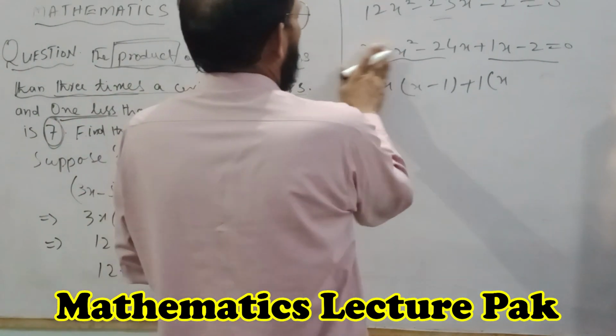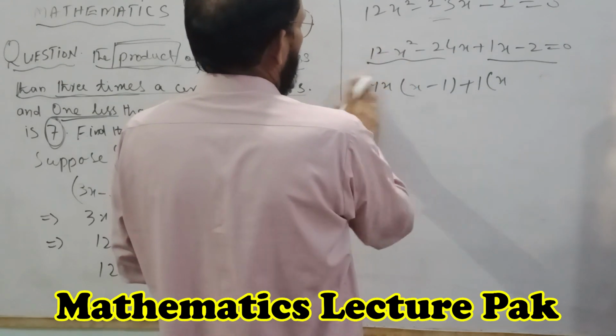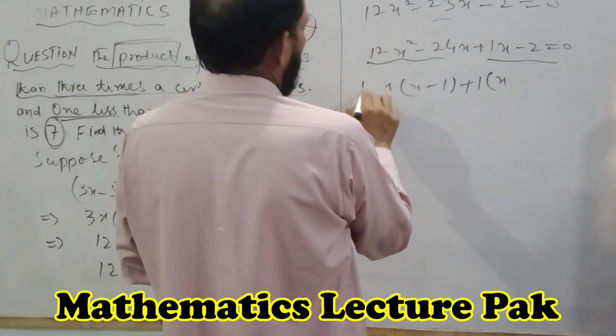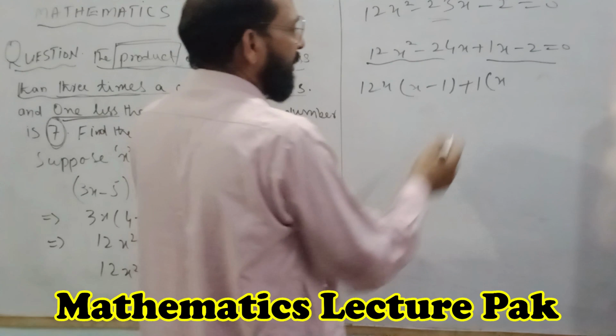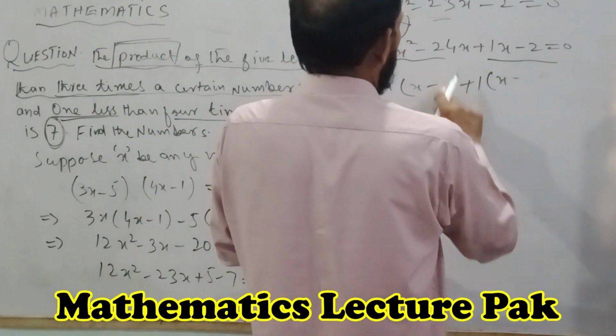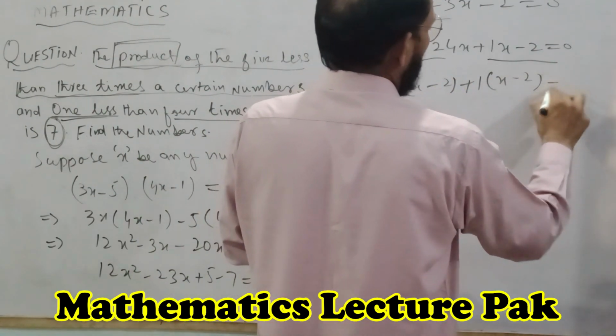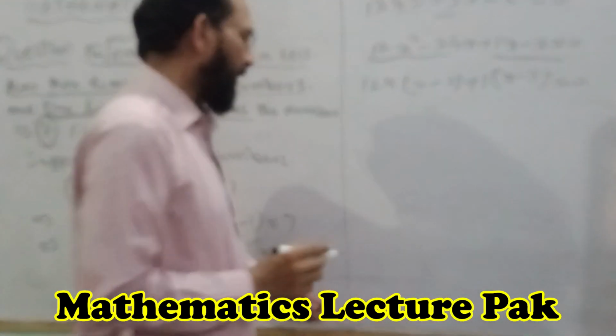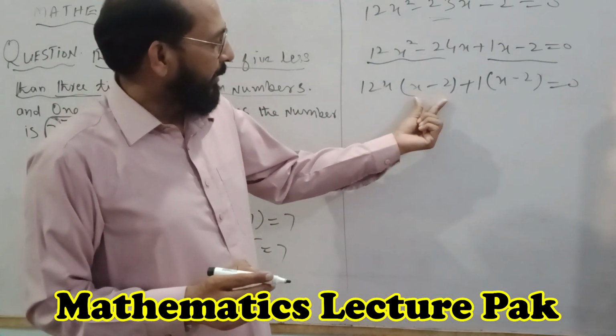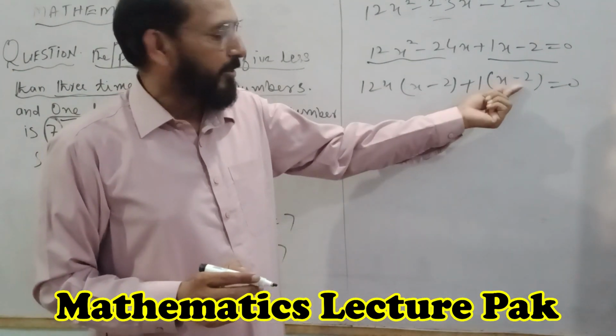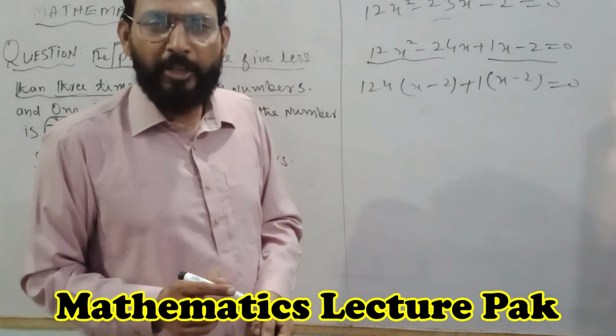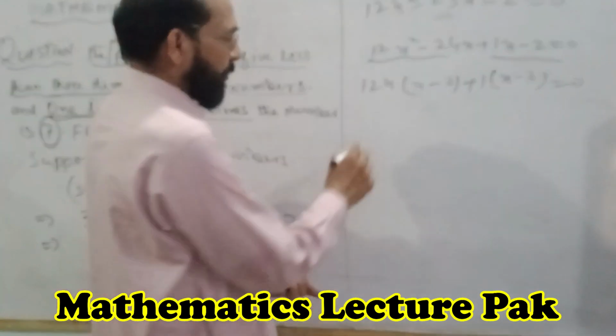Here we can write as 12, and the 12 will be common. These are the final result: x negative 2 and x negative 2 both have the same factor, so we can take it as this.